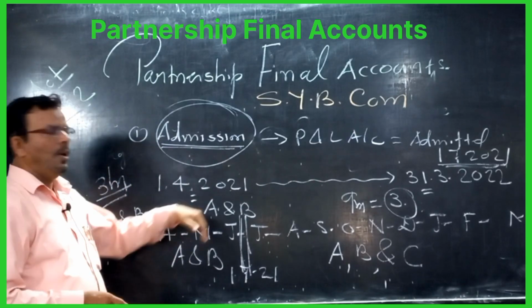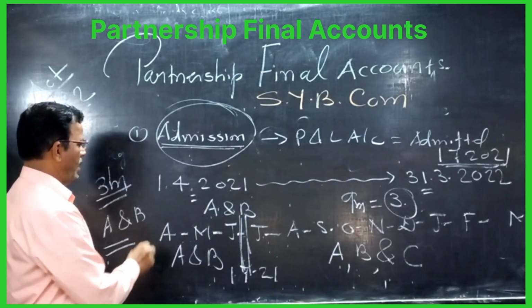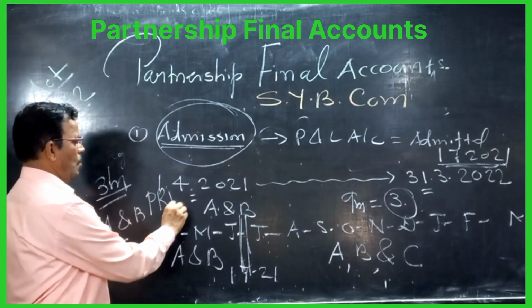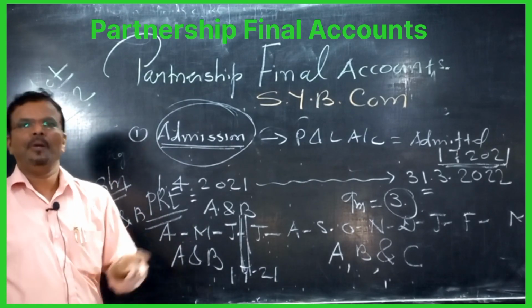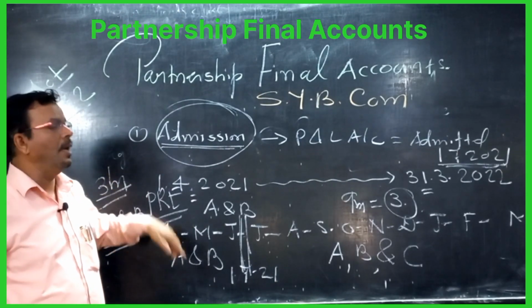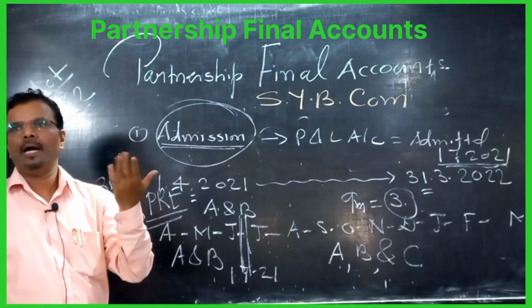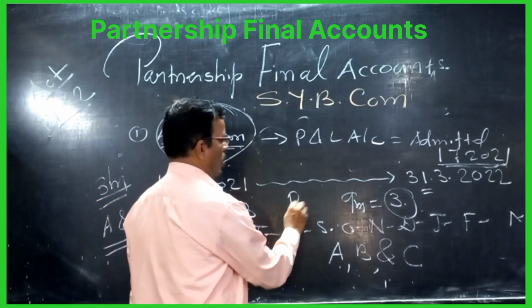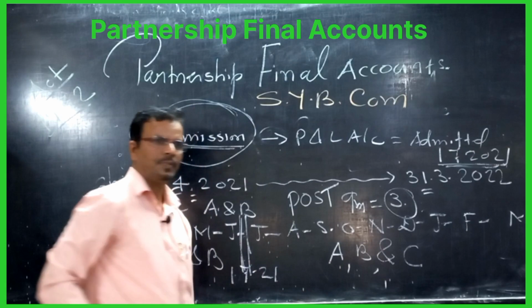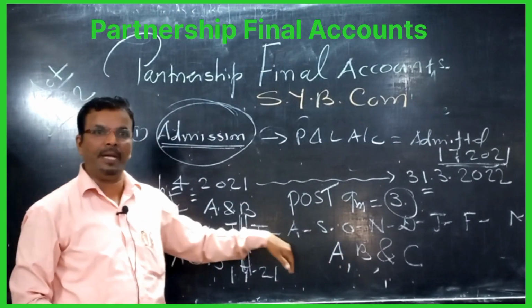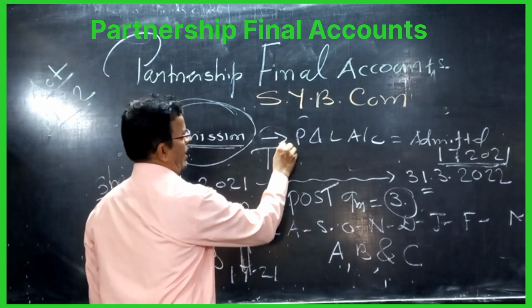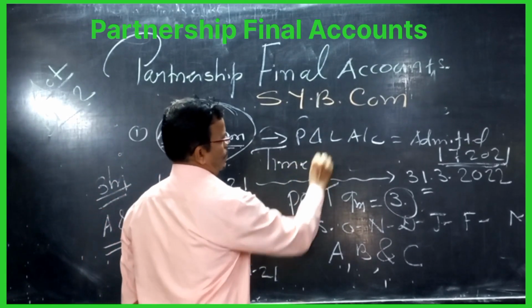The period before the admission of the partner is known as pre. The period which is after the admission of the partner is called post. And when we find out such periods, that is known as the time ratio.